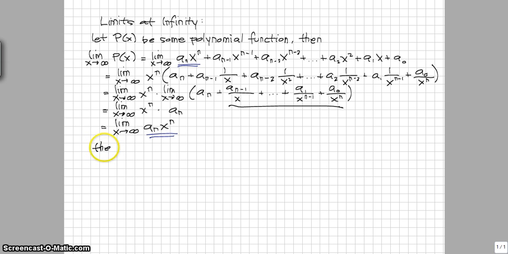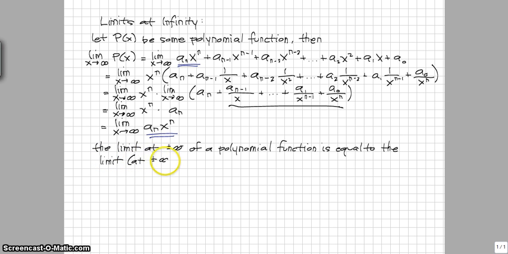So I'll say this: the limit at plus or minus infinity, because it doesn't work this way anywhere else, you've got to remember that, of a polynomial function is equal to the limit, same, at plus or minus infinity, of its highest degree term.